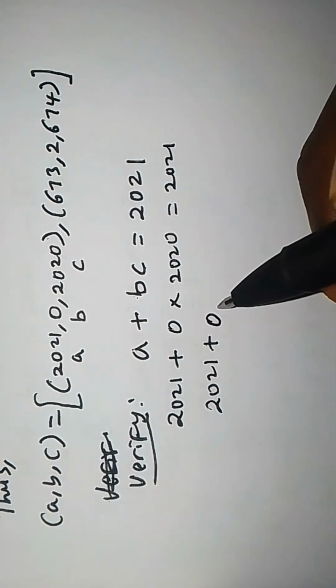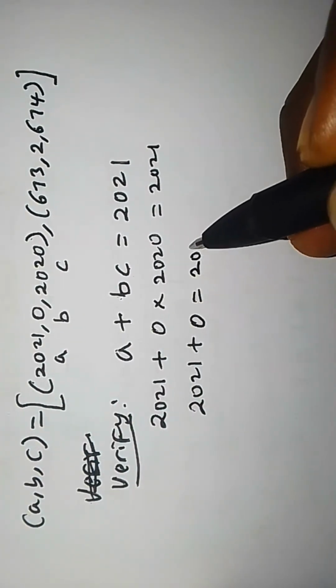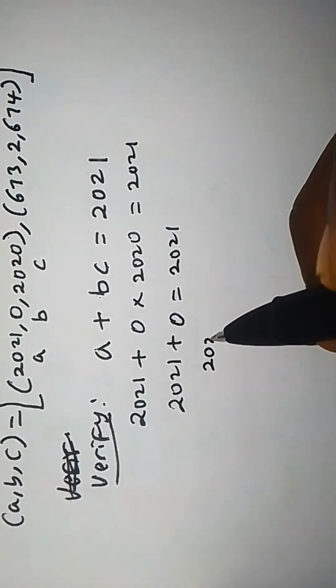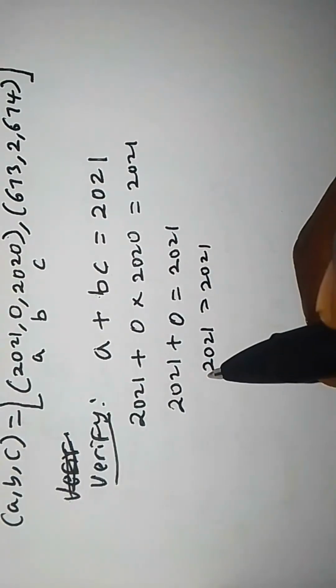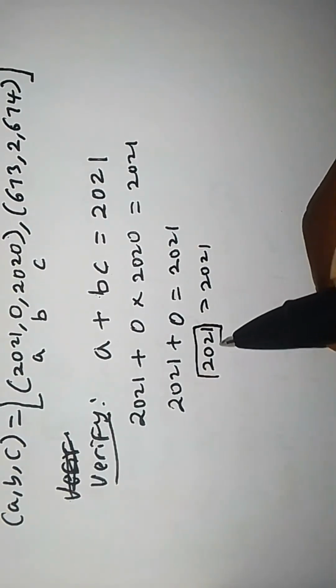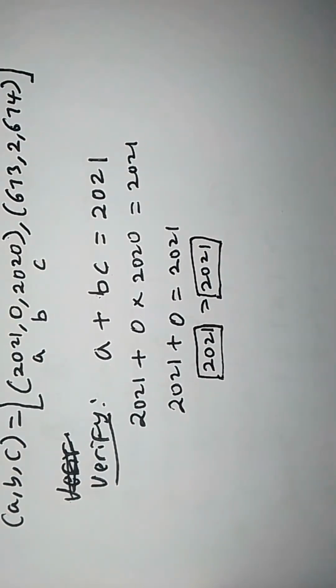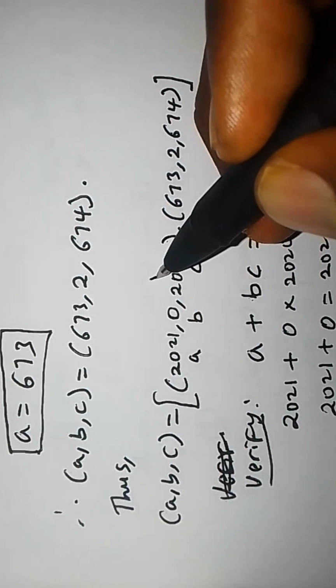Even with 0 times billions, still 0. 2021 plus 0 is 2021, equal to 2021. You will see that the left hand side is the same thing as the right hand side. That means the first solution is indeed correct.